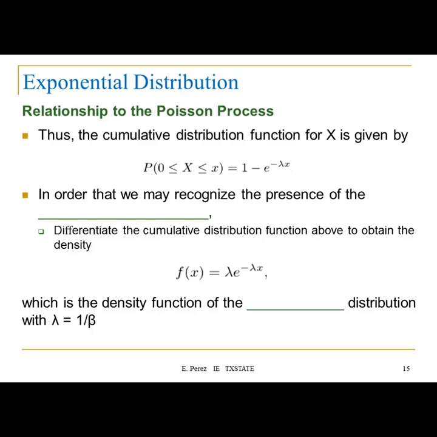In order that we might recognize the presence of the exponential distribution, we need to differentiate the cumulative distribution function above to obtain the density. So if you take the derivative of this cumulative distribution, you will find that the function you obtain is this one. And I can show you that.